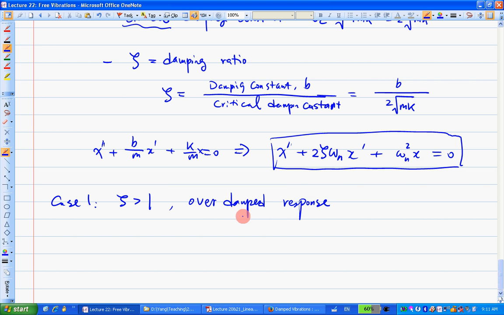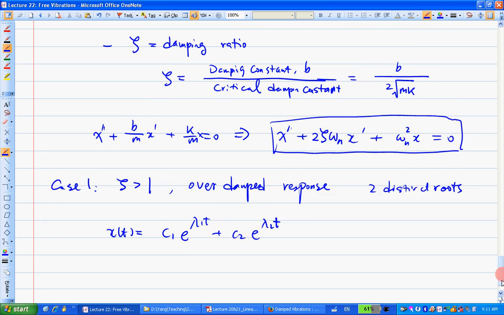Why? It can be explained through the general solution. When you have two distinct roots, your solution is C1 e to the lambda 1 t plus C2 e to the lambda 2 t. That makes sense?